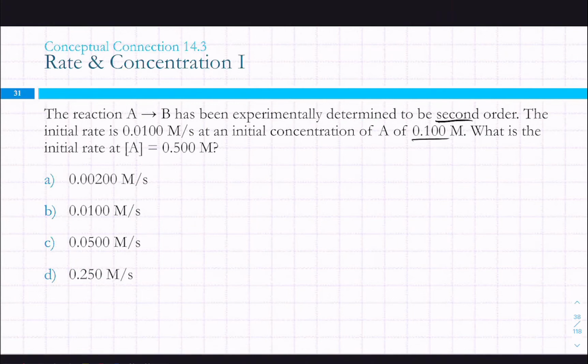Yeah, so we're increasing by a factor of 5, going from 0.100 molar to 0.500 molar as our new concentration. So we have to square that, so our rate is going to increase by a factor of 25. So then it's 25 times 0.01.